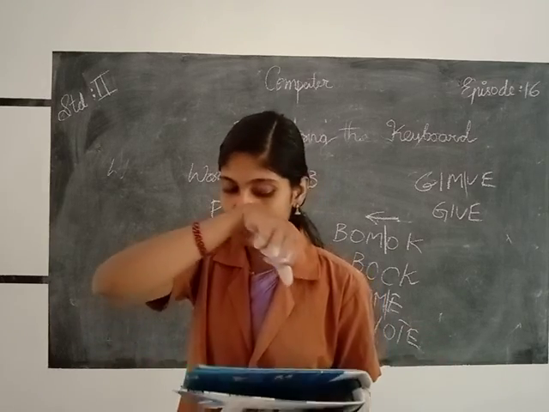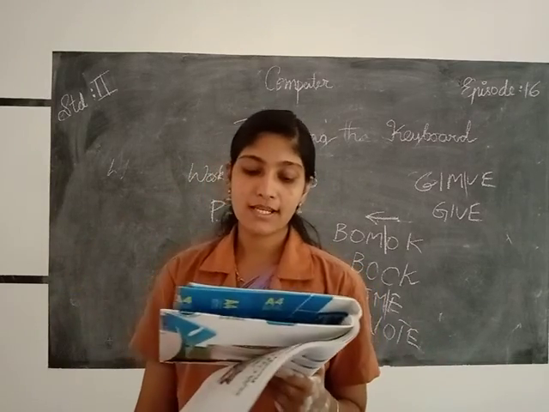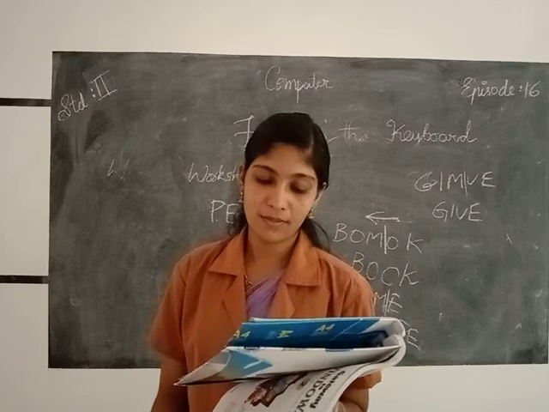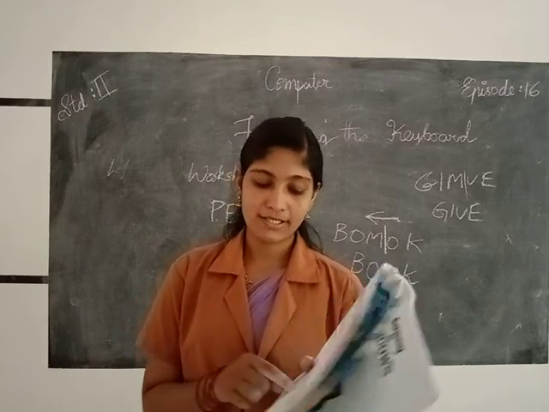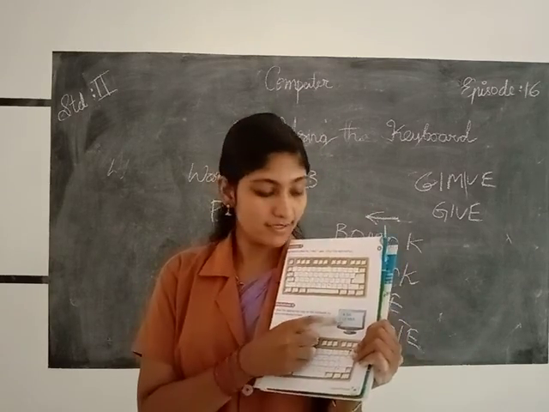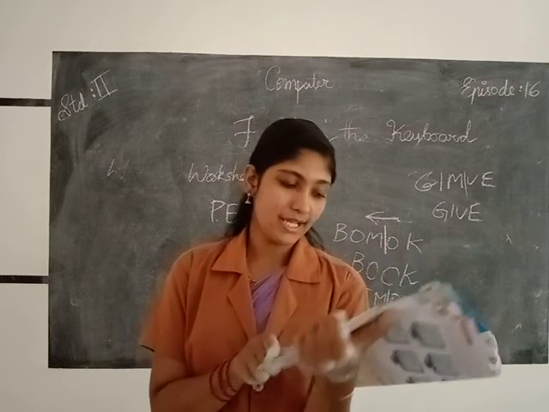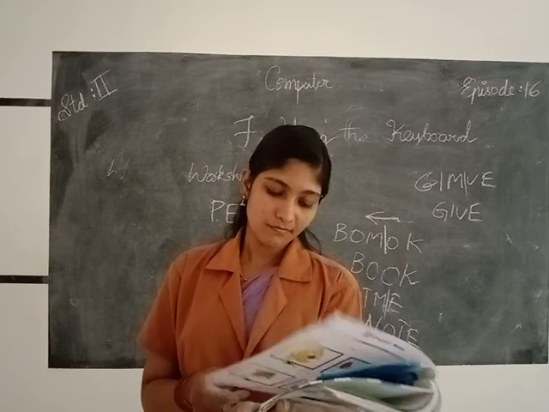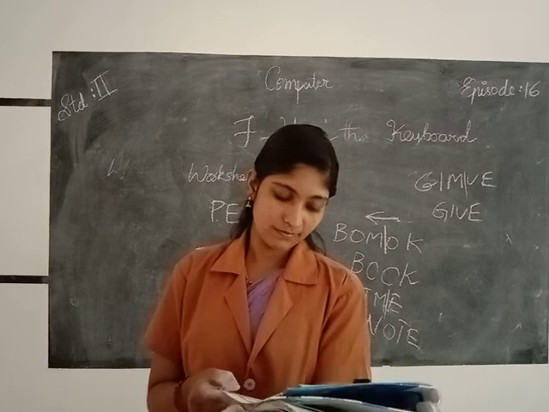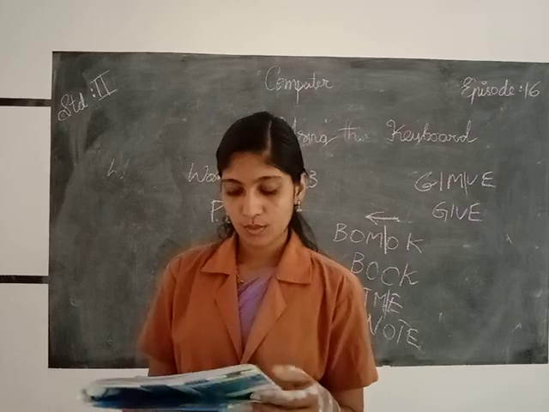Then worksheet number 6: color the appropriate keys on the keyboard to type the desired format. A jug of milk. So you have to color the letters A-J-U-G-O-F-M-I-L-K.